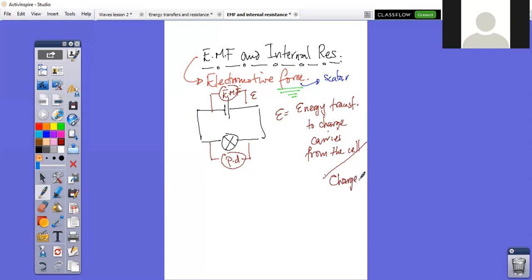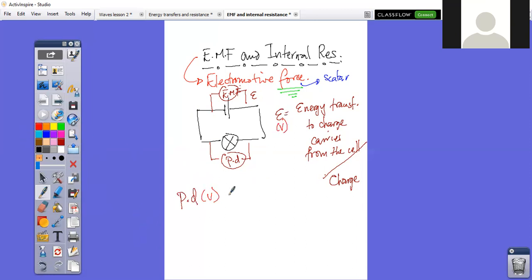Now, it's good practice to write out formulas in terms of words, because then you can really know what each term is for. I encourage that even with my Year 13s, but I strongly encourage you to start thinking in terms of formulas in words. PD is the same as well. They're both measured in volts.